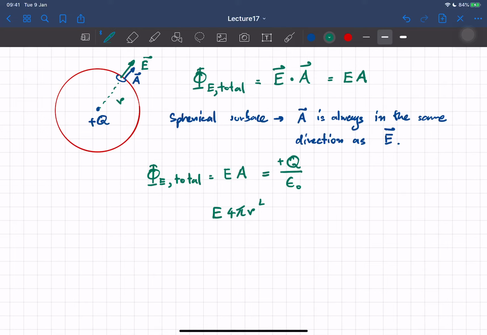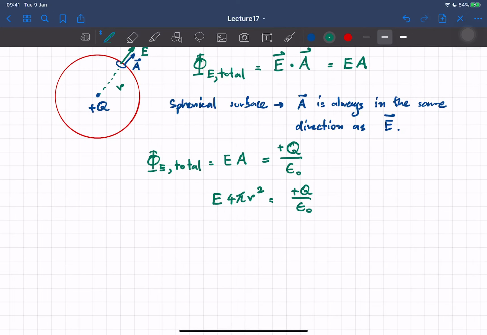So 4 pi r squared times E equals plus Q divided by epsilon 0. Rearranging, we have the magnitude of the electric field to be 1 over 4 pi r squared times plus Q divided by epsilon 0.